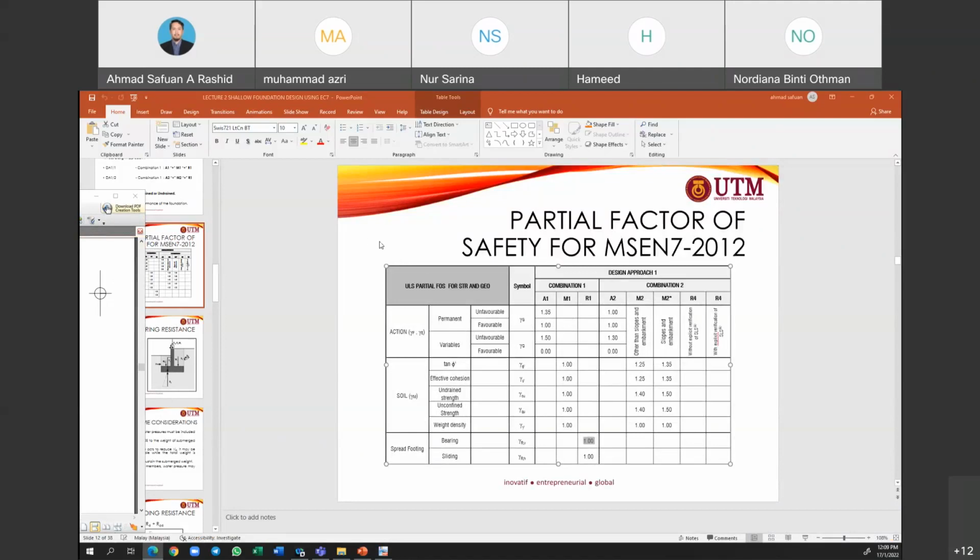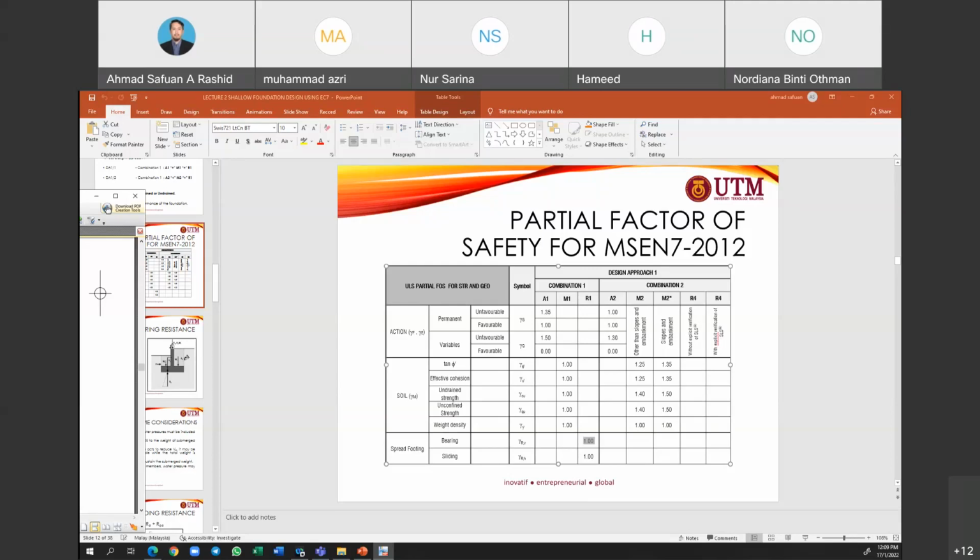For combination number 2, we use the unfavorable equal to 1. Based on Smith, this is a little bit different.